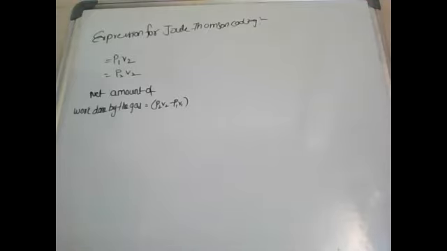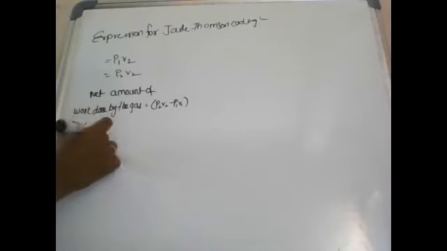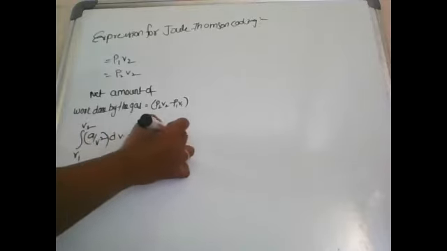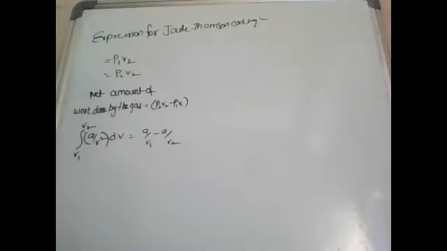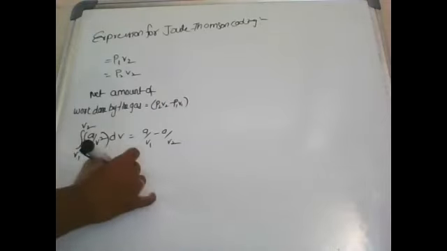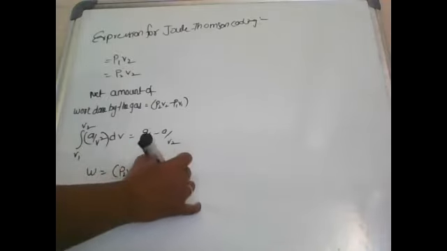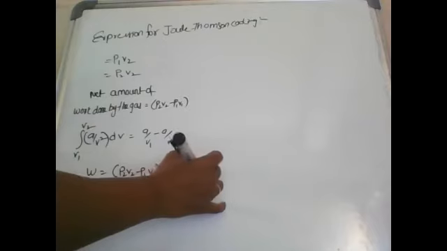Hence the internal work done against this force when 1 gram mole expands from volume V1 to volume V2 is the integral from V1 to V2 of A by V square dV, which equals A by V1 minus A by V2. Thus, the total work done W equals P2 V2 minus P1 V1 plus A by V1 minus A by V2.